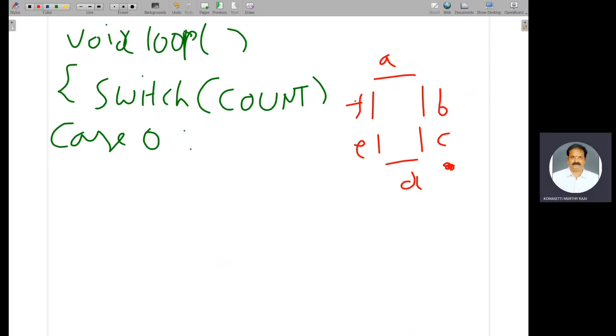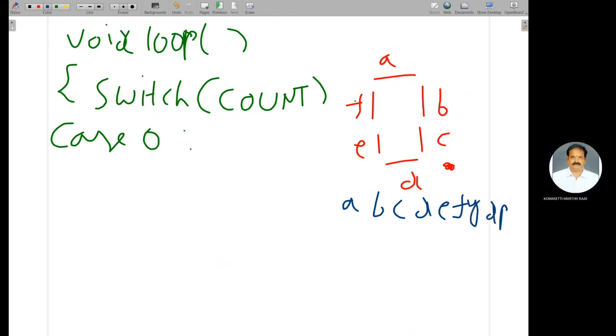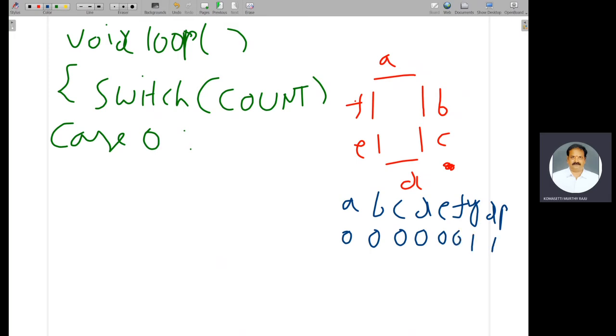Okay, next. Here A, B, C, D, E, F, G, and decimal point: A is 0, B is 0, C is 0, D is 0, E is 0, F is 0, G is equal to 1, DP is equal to 1.